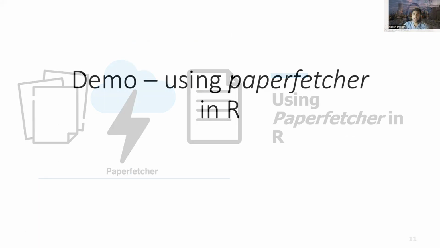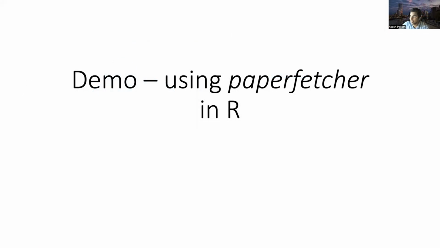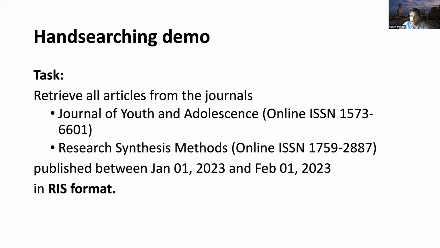All right, now for the fun part. Let's do a quick demo of Paperfetcher in R. Now, in the interest of time, we are going to go through a very quick example of hand searching using Paperfetcher. What we're going to do is retrieve the metadata of all articles from the following two journals, the Journal of Youth and Adolescence and Research Synthesis Methods, published between January 1st and February 1st, 2023.